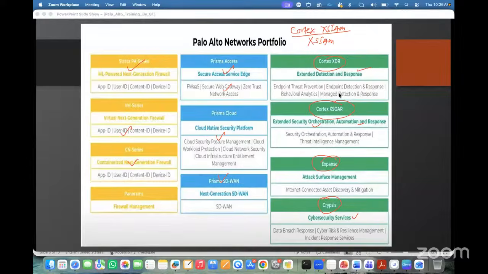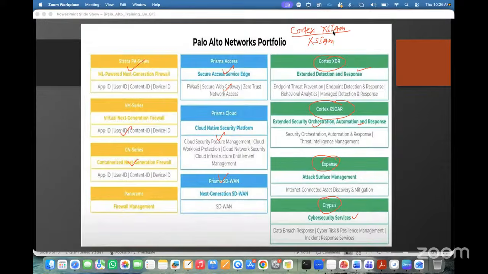Endpoint detection and response, if you want to do that, you can do that. If you want to analyze any behavioral-based things, you can analyze that. If you want to manage detection and response, that is also possible. So anything you want to do from the monitoring point of view, and you want to take actions, this Cortex XDR is going to help you.